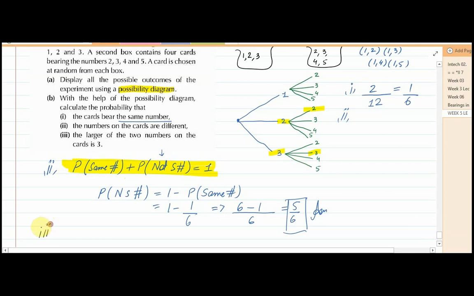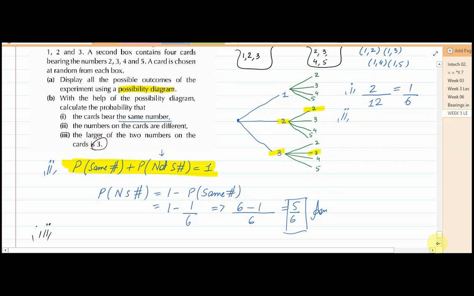it says that the larger of the two numbers on the card is 3. Okay, so larger of the two numbers on the card, like 1 comma 2, no, I cannot take that, but 1 comma 3, yes, I can take that. 2 comma 3, yes, I can take that. And 3 comma 2, not 3 comma 3, not 3 comma 4, not 3 comma 5, because in 3 comma 5 the larger number is 5 and it says that the larger number must be 3.